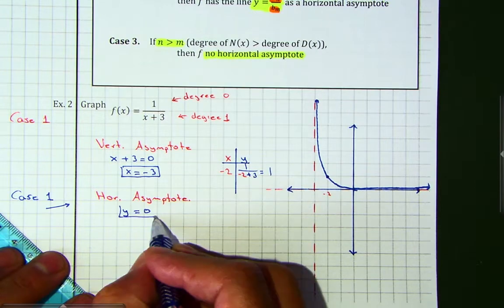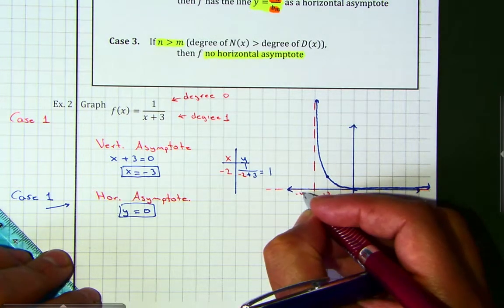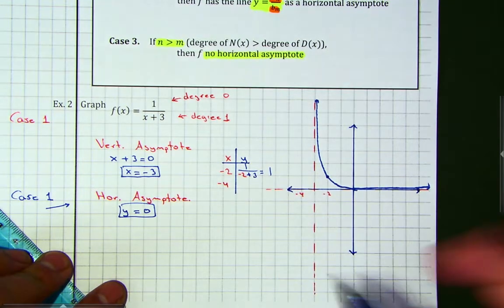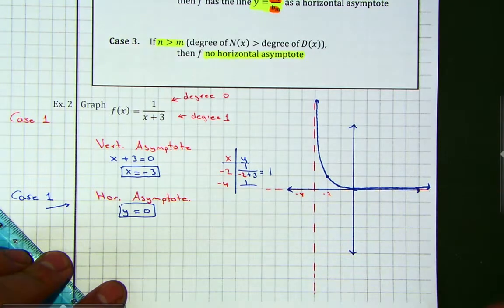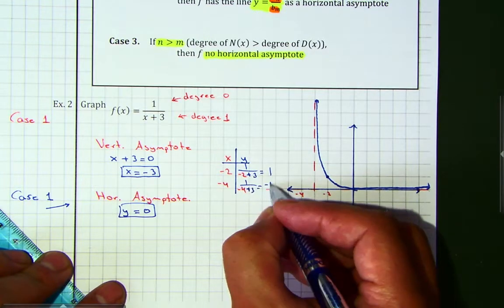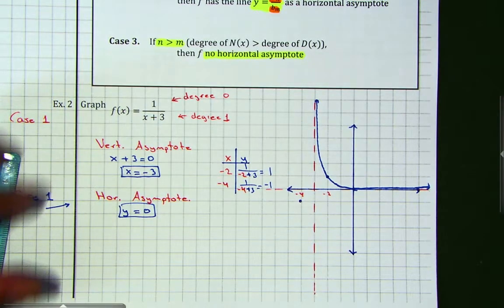And now I'm going to plug in a number to the left. So I'm plugging in a negative 4. If I plug in a negative 4, I end up with 1 over negative 4 plus 3. This gives me negative 1. So the other part of the graph will be on this side.